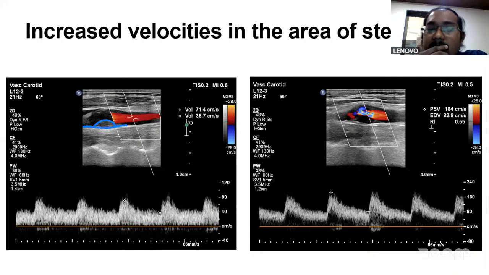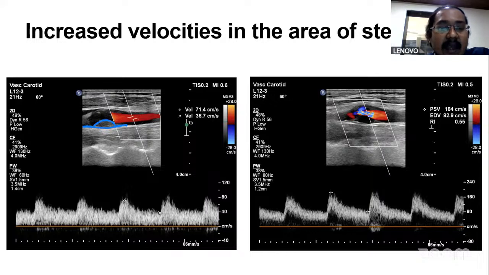Here, this is a carotid bulb, and the carotid bulb in the blue color has a plaque. That plaque is causing stenosis. Because of the way the blood flows, from here to here, and there is a plaque and a stenosis, there is a change in velocities. How it changes, we see.